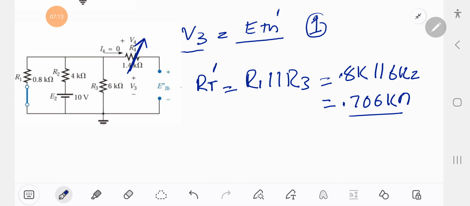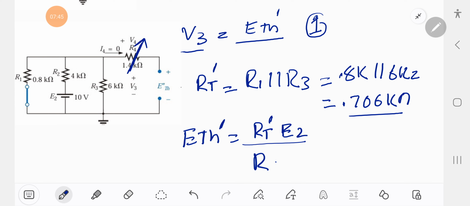Now for ETH dash we are going to apply the voltage divider rule. So the voltage will divide among RT dash and R2. So the voltage will divide among these two: RT dash with a potential E2, over RT dash plus R2.